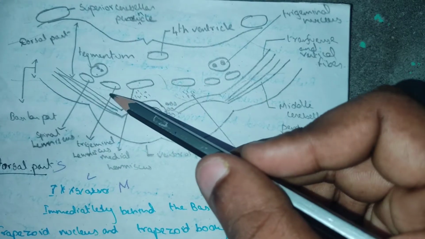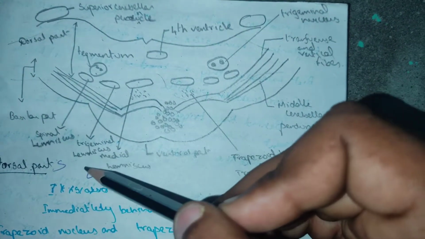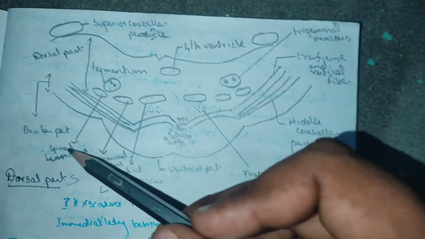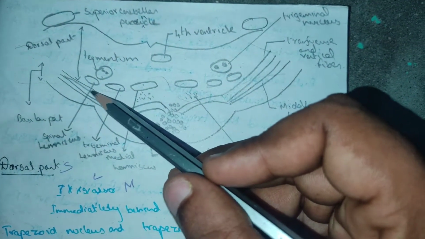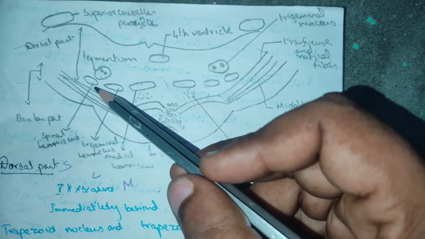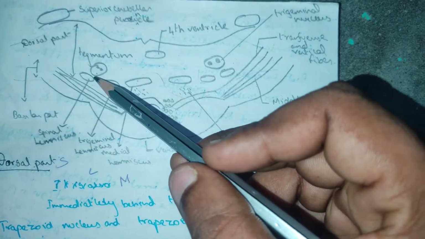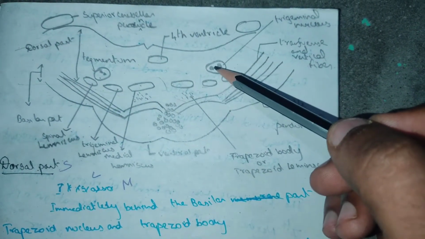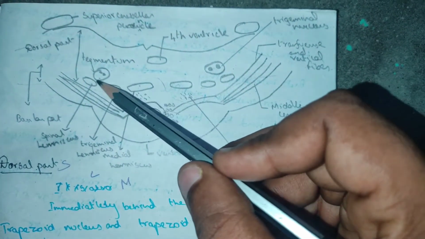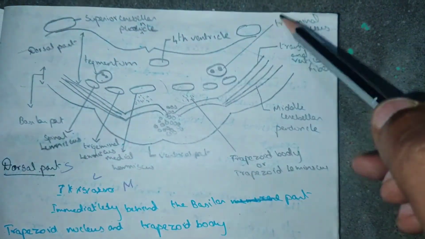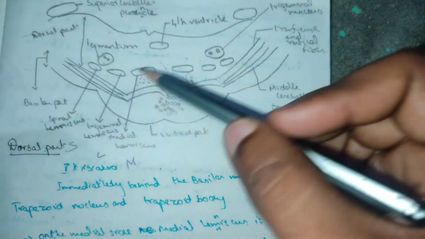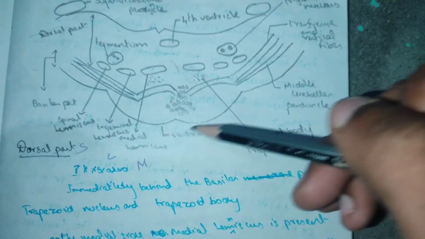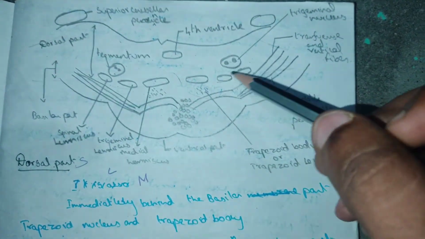Lateral to it, the trigeminal lemniscus is present. Lateral to it, the spinal lemniscus is present, and medial to it, the trigeminal nuclei is present. This is about the dorsal part, and this diagram is very important.